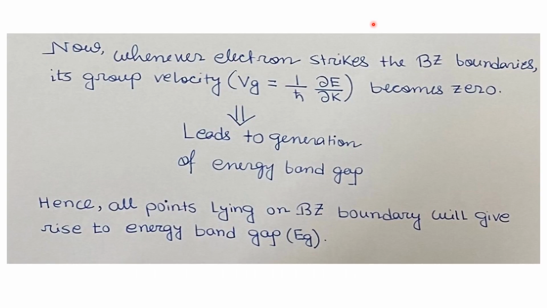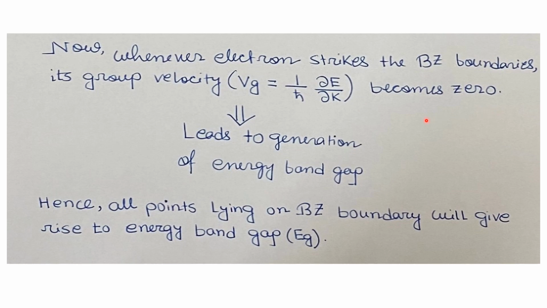So now we have the idea of how to construct the Brillouin zones for the 2D square lattice, and how the first and second Brillouin zone boundaries look. Now, whenever an electron strikes the Brillouin zone boundaries, its group velocity, given by Vg equals 1 by h-bar del E by del k, where E is the energy and k is the wave vector, becomes 0 at the Brillouin zone boundaries.